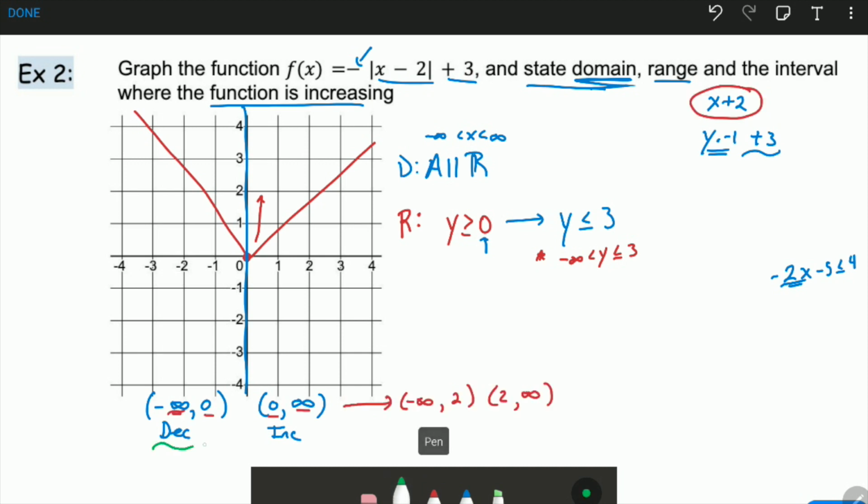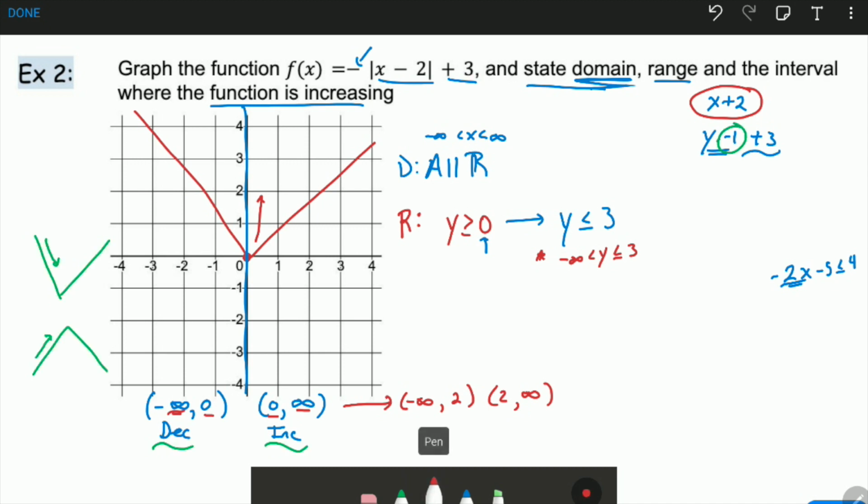And the words increasing, decreasing are dealing with the y values. So they will stay the same unless there is a reflection, which means they'll stay the same unless you're multiplying y values by a negative. Because we're multiplying y values by a negative, what was once decreasing will be reflected and turned into increasing.